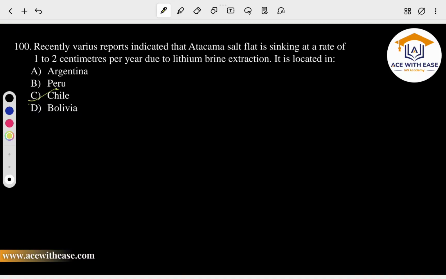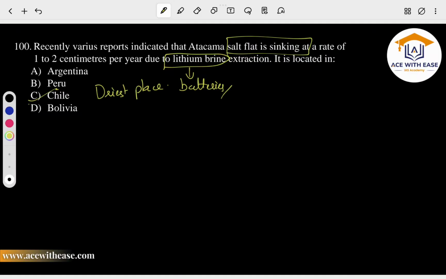It is also considered one of the driest places on earth, and it is rich in lithium brine. Lithium is used largely in batteries. Due to this large-scale extraction, the salt flat has been sinking. So the answer is Chile.